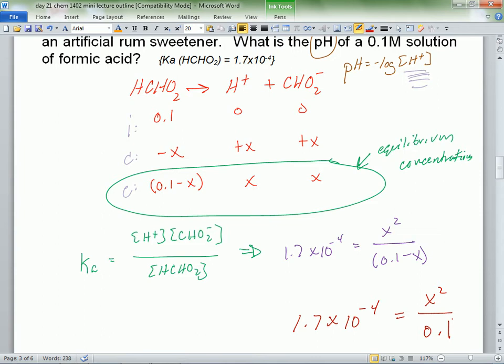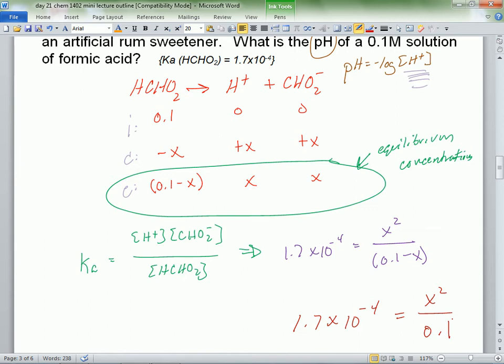Monica was on to something there. Did you hear what she was mumbling about? She said you don't have to use the quadratic formula. You see it? If we could write this thing in blood, take the 1.7 times 10 to the negative 4, take it times 0.1, then do what? Square root. You'd have your x. There's none of this quadratic formula stuff, right?